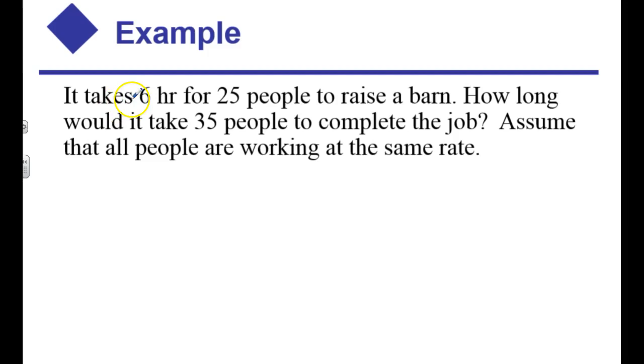It looks simple. If it takes 6 hours for 25 people, how many hours will it take 35 people? So don't write this down because this is actually wrong, and I want to show you why this is wrong.